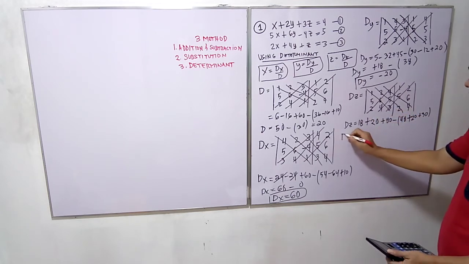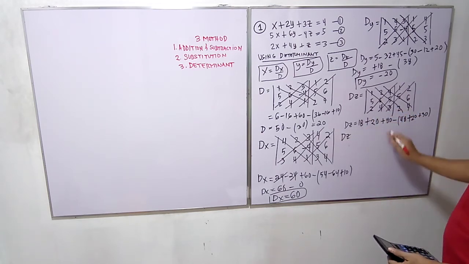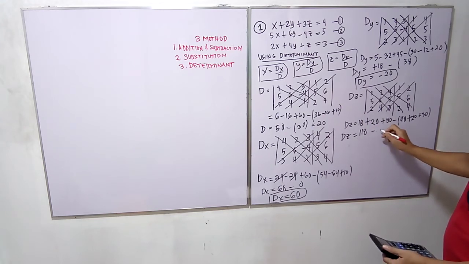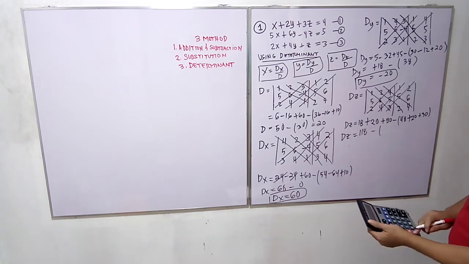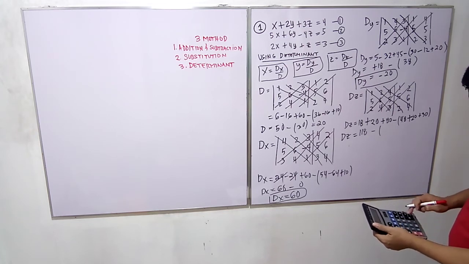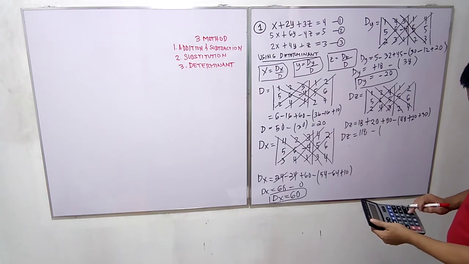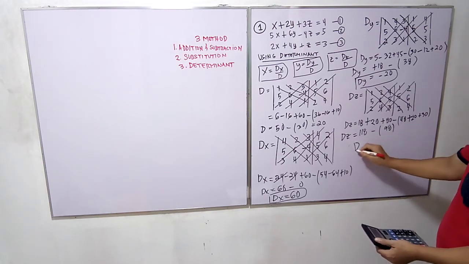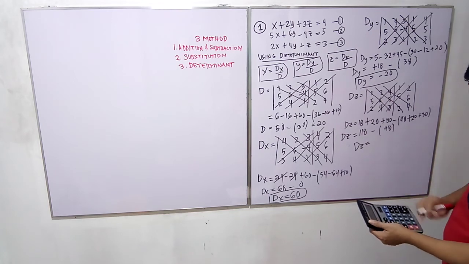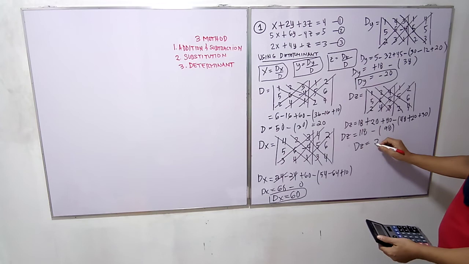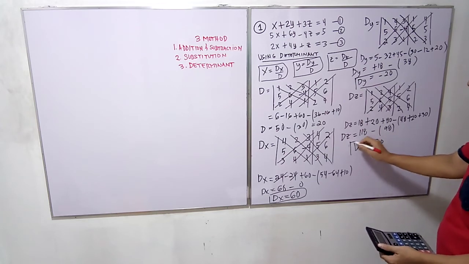Okay, check natin, ha? 118 minus 98. Therefore, mayroon po sa D, z is equals to 20 na naman siya. Positive 20.